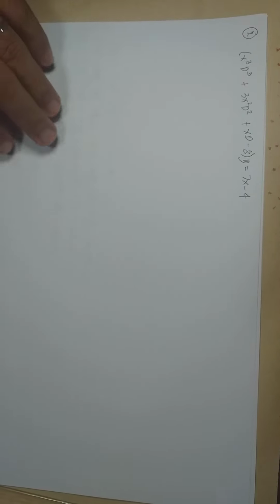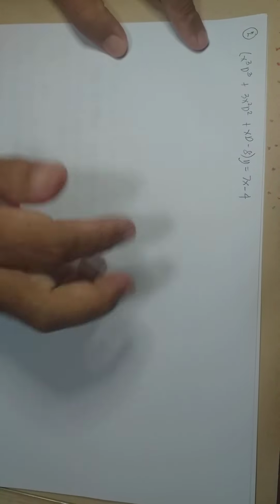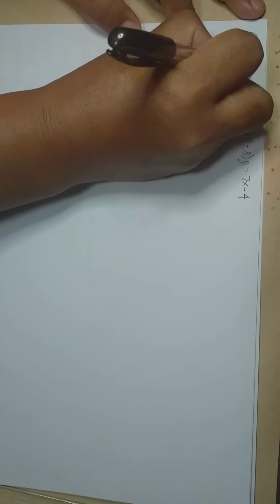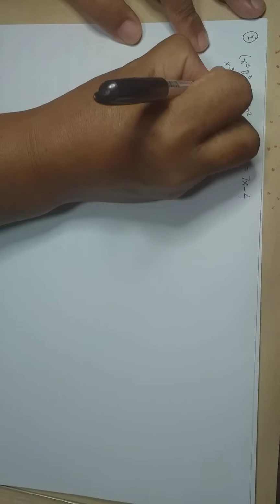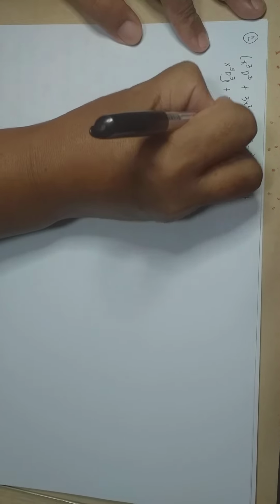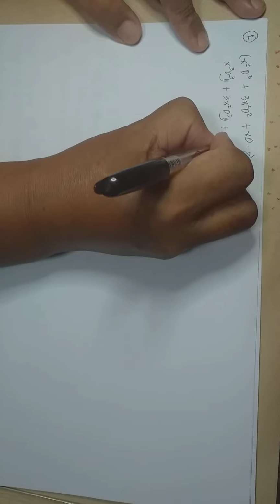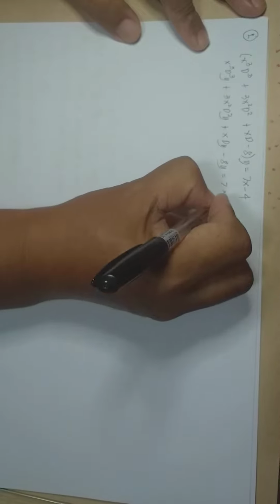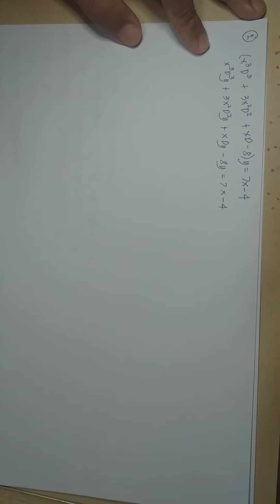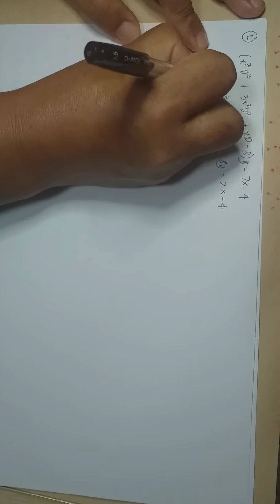So, based on what we have discussed a while ago, x cubed D cubed y plus 3x squared D squared y plus x Dy minus 8y is equal to 7x minus 4. But what is x cubed D cubed y?